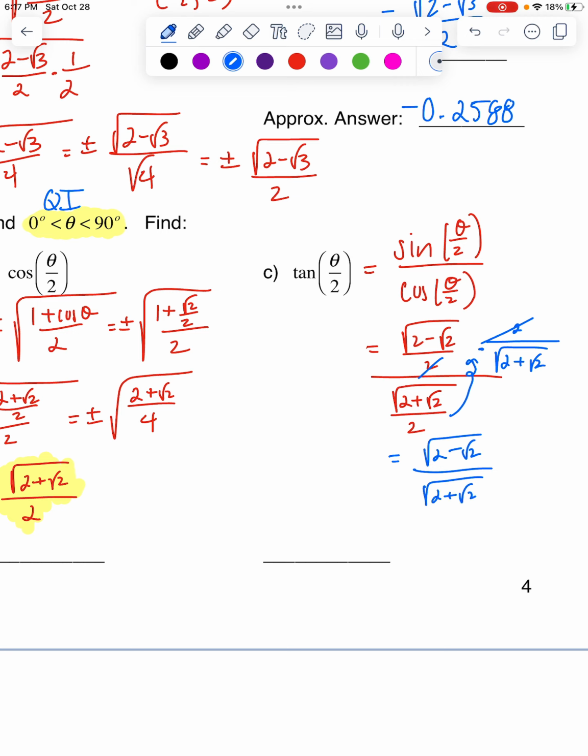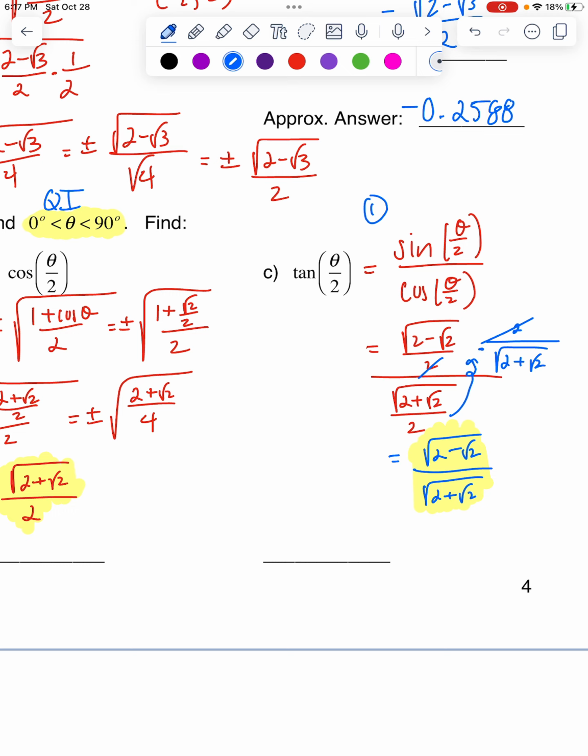Now I know that we've said in the past that we would love for you to rationalize your denominator. However, that would be a lot of crazy math, so we are okay with you leaving your answer like this. Now that was just using our knowledge of a trig function for tangent.